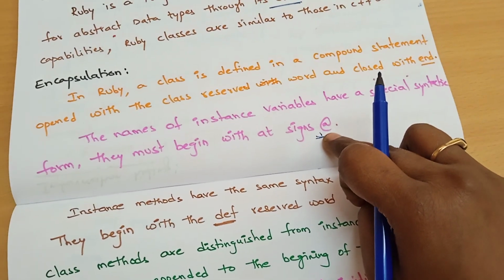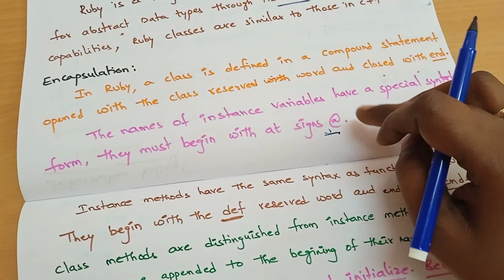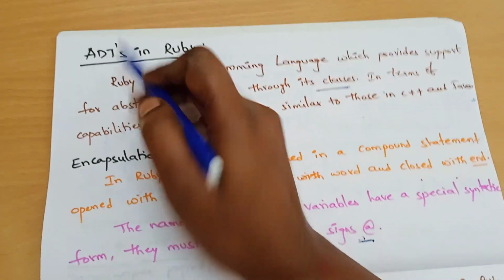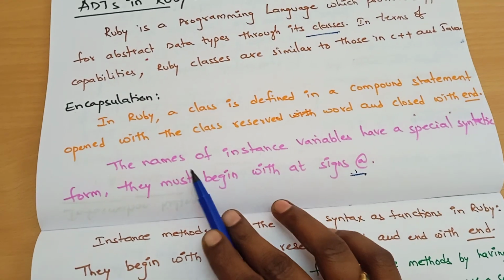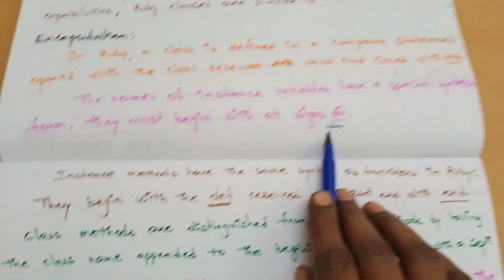And we'll use a different sign for local variables and a different sign for global variables. As this video is purely about ADTs, I am talking about the names of instance variables, which begin with the @ sign.